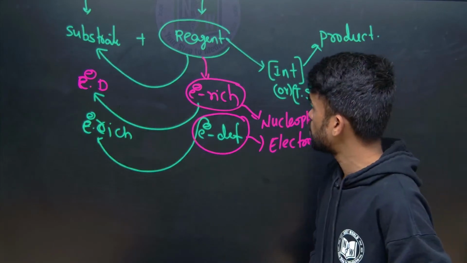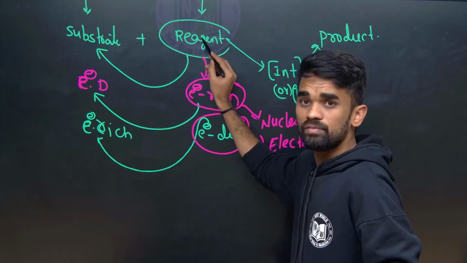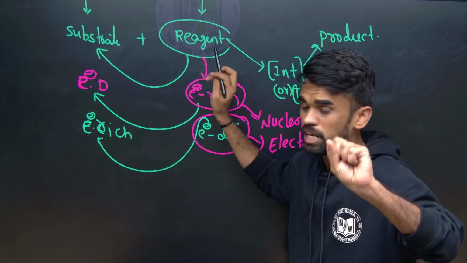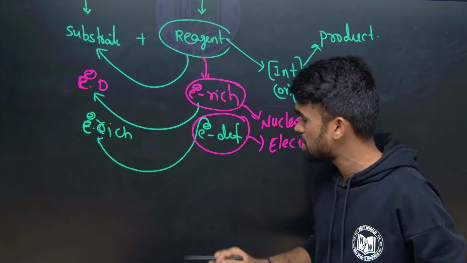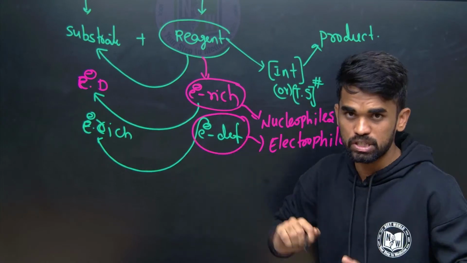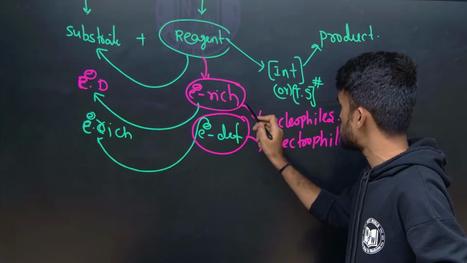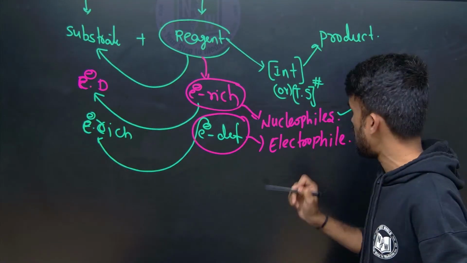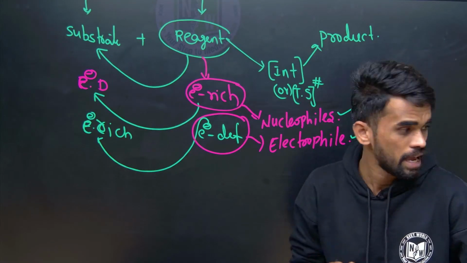The reagents we use here are of two types: the electron rich species is called a nucleophile and the electron deficient species is called an electrophile.